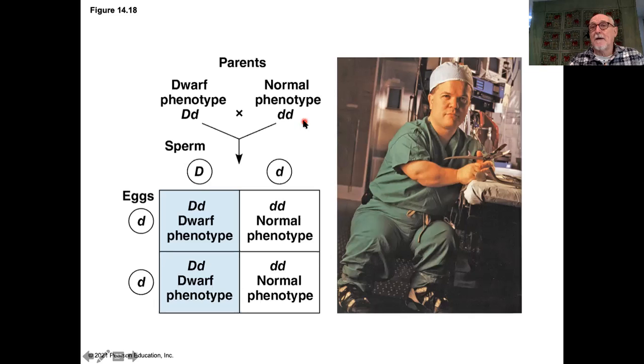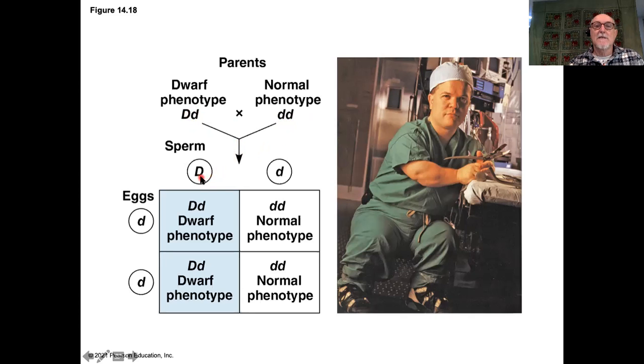Certainly, two dwarfs can marry and will have dwarf or normal children. But here in this pedigree, for this particular gentleman, here is the father, dwarf, heterozygote, big D, little d. Mother, normal height, little d, little d.